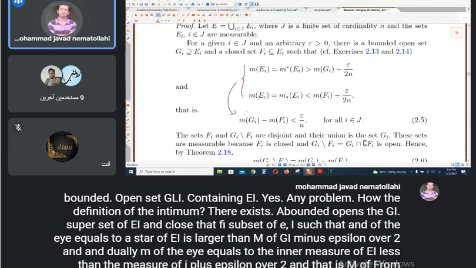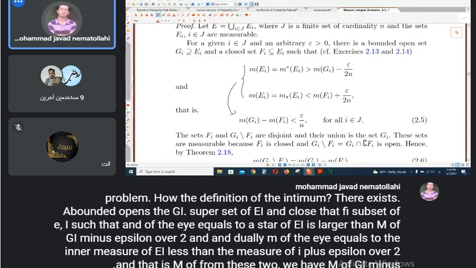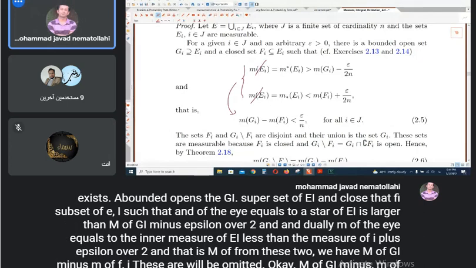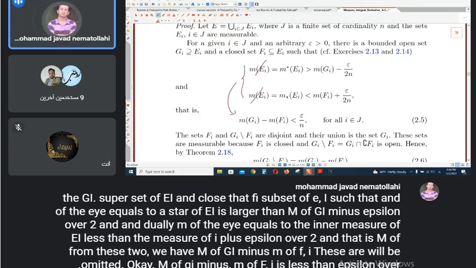From these two we have m of G_i minus m of F_i is less than epsilon over n for all i belongs to J.